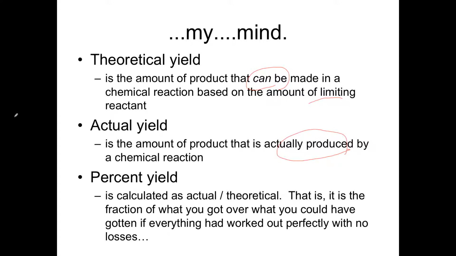All right? And then the percent yield is just what you might think. It's the actual over theoretical. And usually we say actual because we want percent, not a fraction. We'll say actual over theoretical, and we'll say times 100% because we want to change the form of the number to a percent.